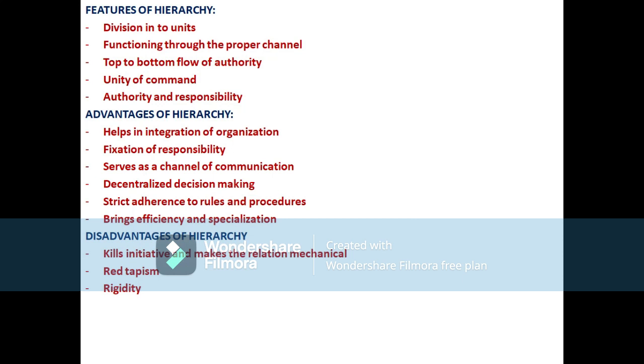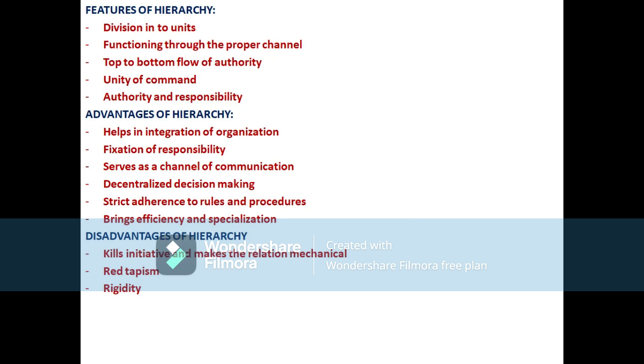For example, if we take the marketing department, they will be specialized in marketing activities. Or if we take the finance department, they will be specialized in financial aspects, like how to source and collect financial resources, to raise funds. Likewise, they become experts in their field. So these are all the advantages of hierarchy.